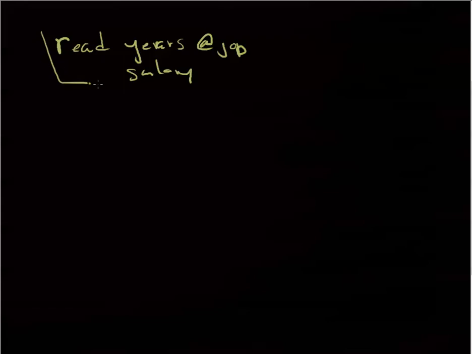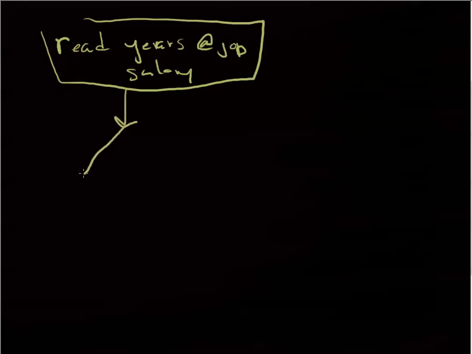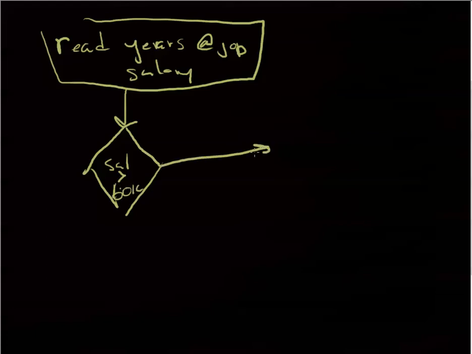So we'll start with step 1 being read years at job and salary. Right? So that's our input. Step 2 is going to be really a decision. So is salary, and I'll put just sal, is it greater than 60? If yes, the user is approved.